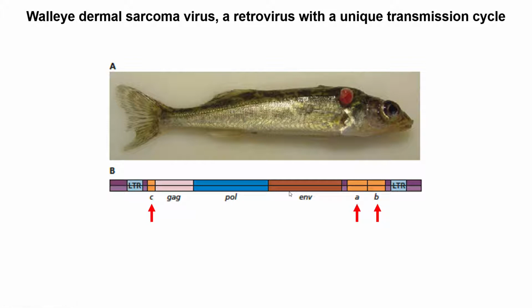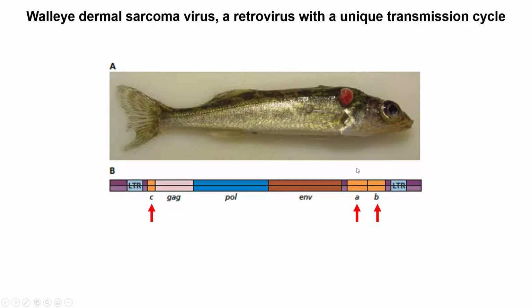In addition to those, here you can see there are some accessory gene sequences which produce accessory proteins A, B, and C. These are not found in all of them. This is very specific. It was found that A and B produce different proteins, and how they control walleye dermal sarcoma formation is extremely unique.